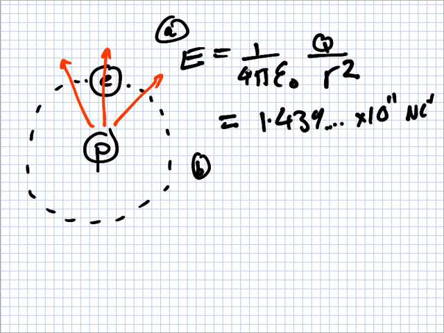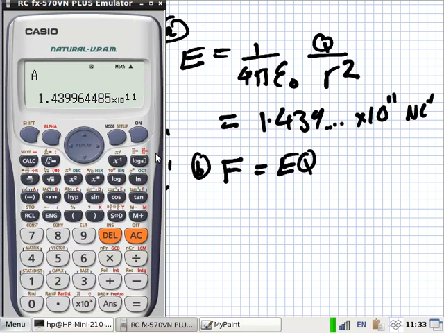B. The force experienced by the electron from the proton. Okay, so what's the formula for force? F equals EQ. And we already have the E right there, so I'll just multiply it by Q. 2.3 times 10 to the minus 8 newtons.